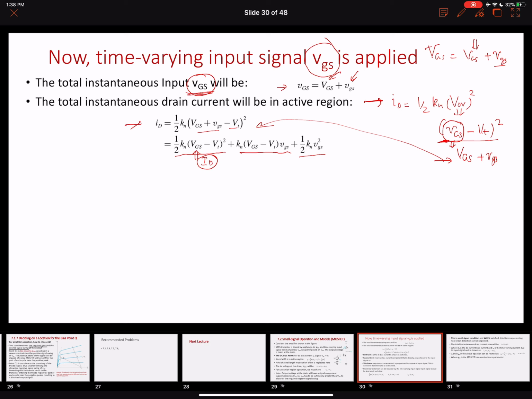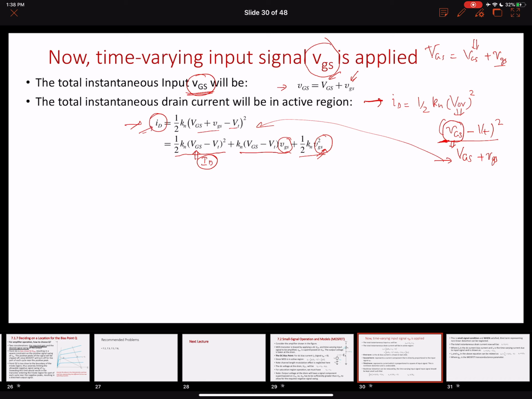The second term shows a linear amplification, a linear relationship between the drain current and the input voltage vgs. The third term shows a non-linear relationship, the square relationship between the input voltage and the output drain current.